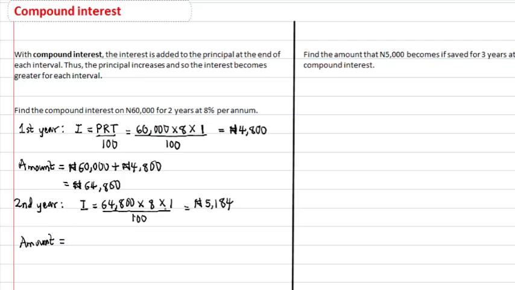That is 64,800 plus 5,184 naira, which gives us 69,984 naira. So we've done the first and second year.